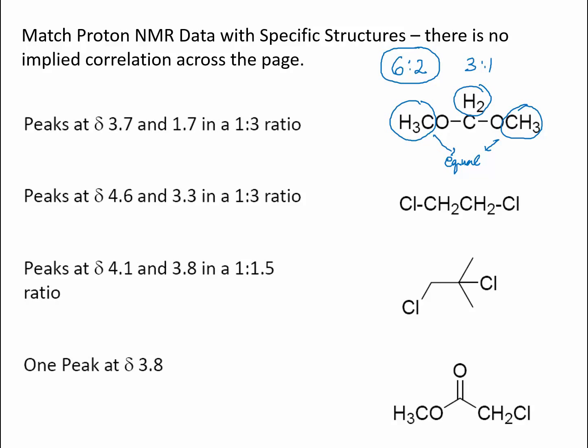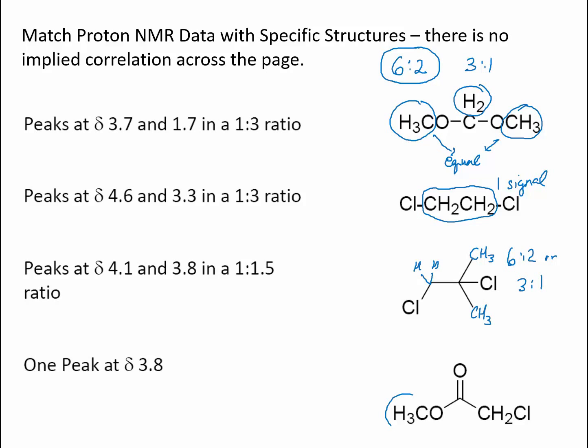In this one, every proton is equal to every other proton, so we're just expecting one signal. Here, it's a bond line diagram, so we're not seeing the hydrogens, but this is a CH3 and this is a CH3. So we're expecting this to also be in a 6-to-2 or 3-to-1 ratio.